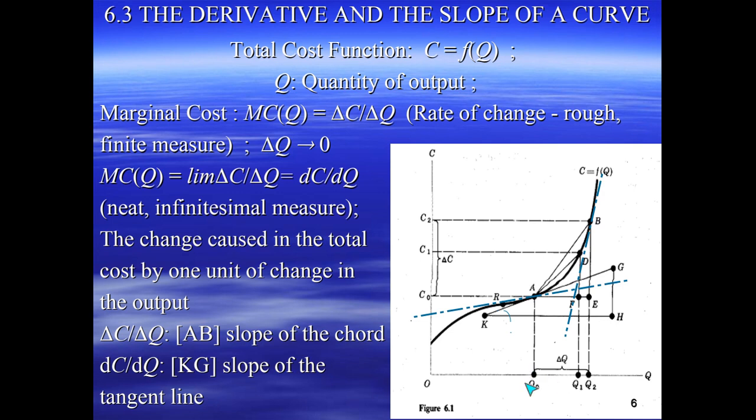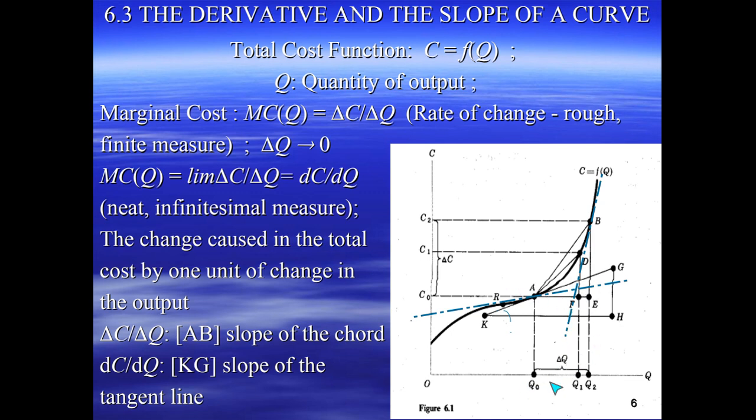Then our level of production rises from Q0 to Q2. And Q2 minus Q0 is delta Q. We can find this difference between the points A and E as well, the same distance, Q2 minus Q0, which is delta Q.